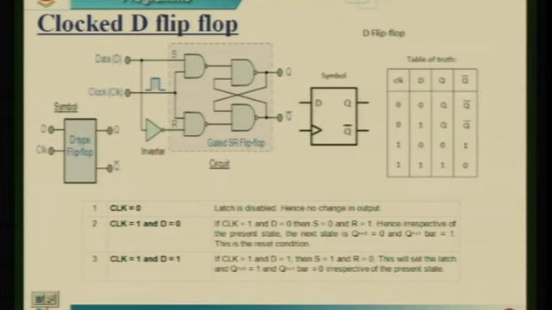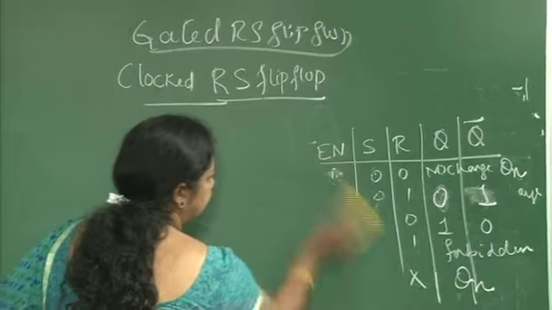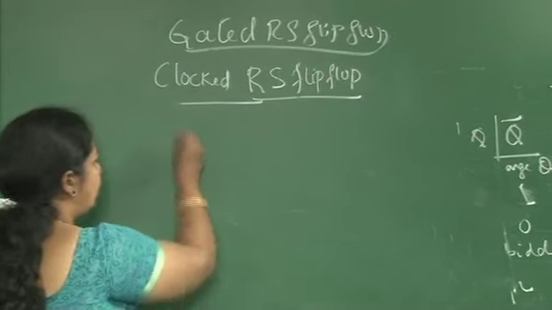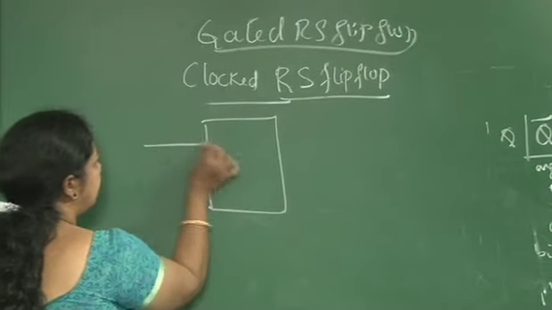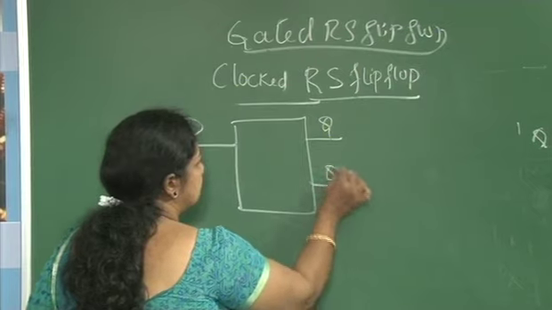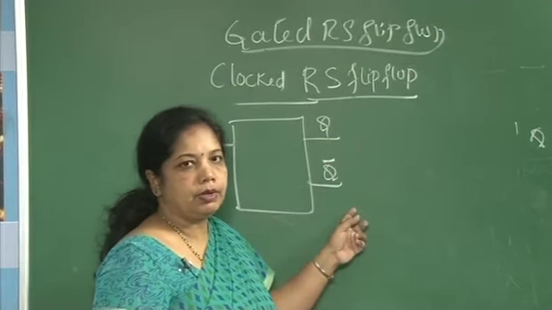So, we have another kind of flip flop called the D flip flop. When I connect this SR flip flop, the D flip flop block diagram has only a single input, as usual a normal value and a complemented value.